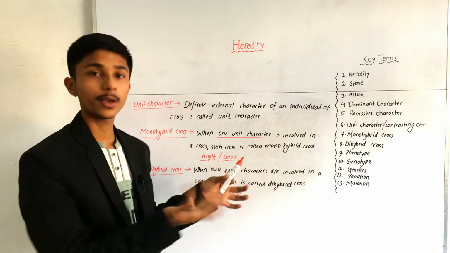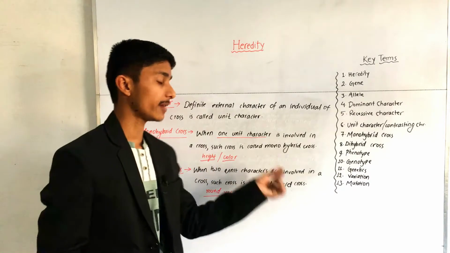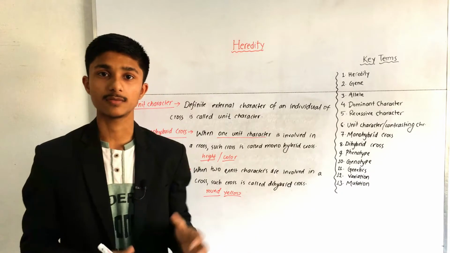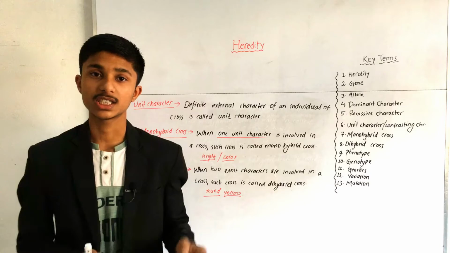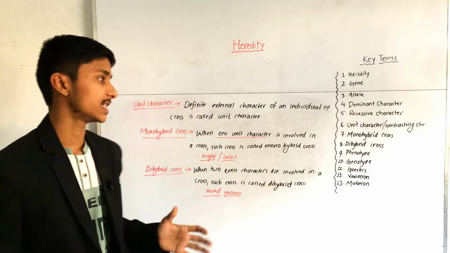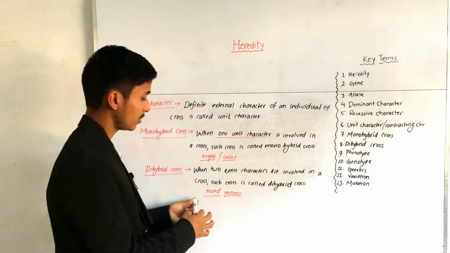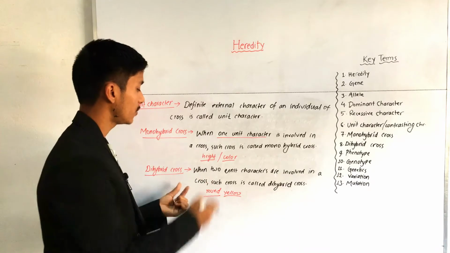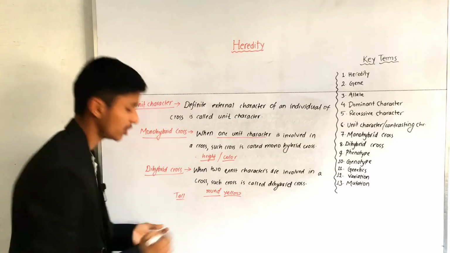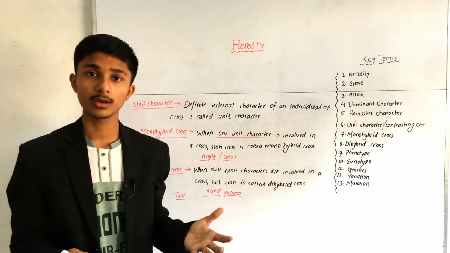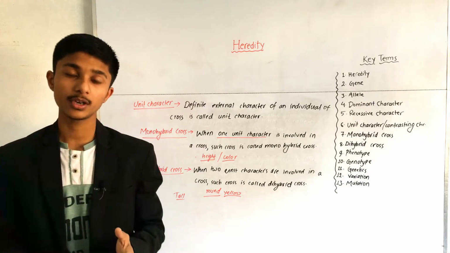This is phenotype. And genotype means the genetic makeup of an organism. Genotype means with what type of constituents the substance is made. For example, if we take height and we take tall, then tall means either pure tall or hybrid tall.